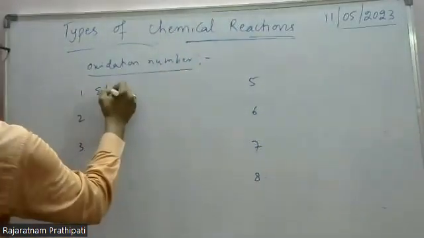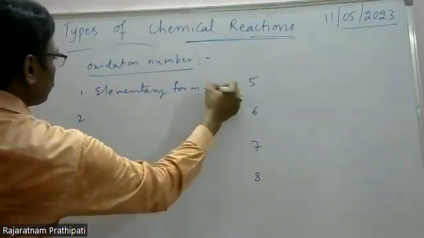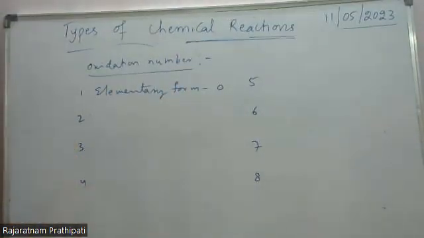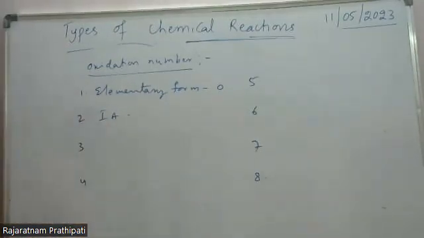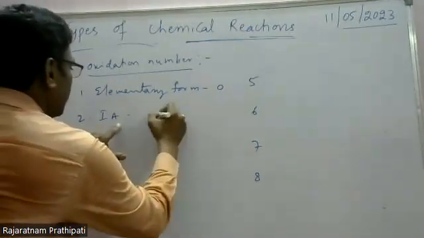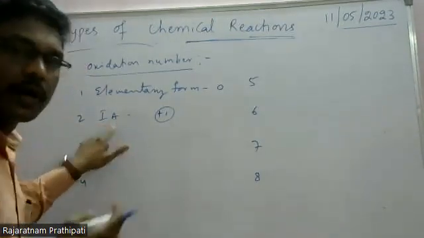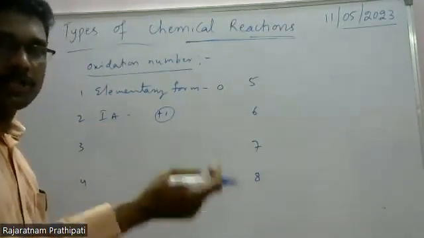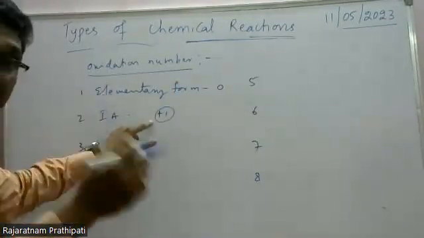In elementary form, it is always 0. 1A group elements always have an oxidation state of +1. 1A group elements means lithium, sodium, potassium, rubidium, cesium, always +1 in their compounds.